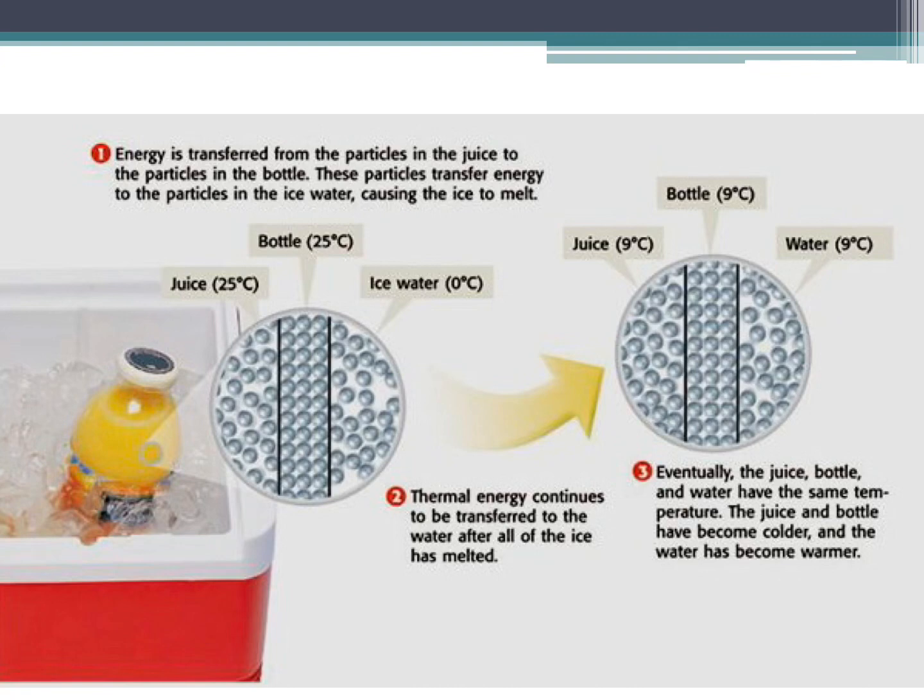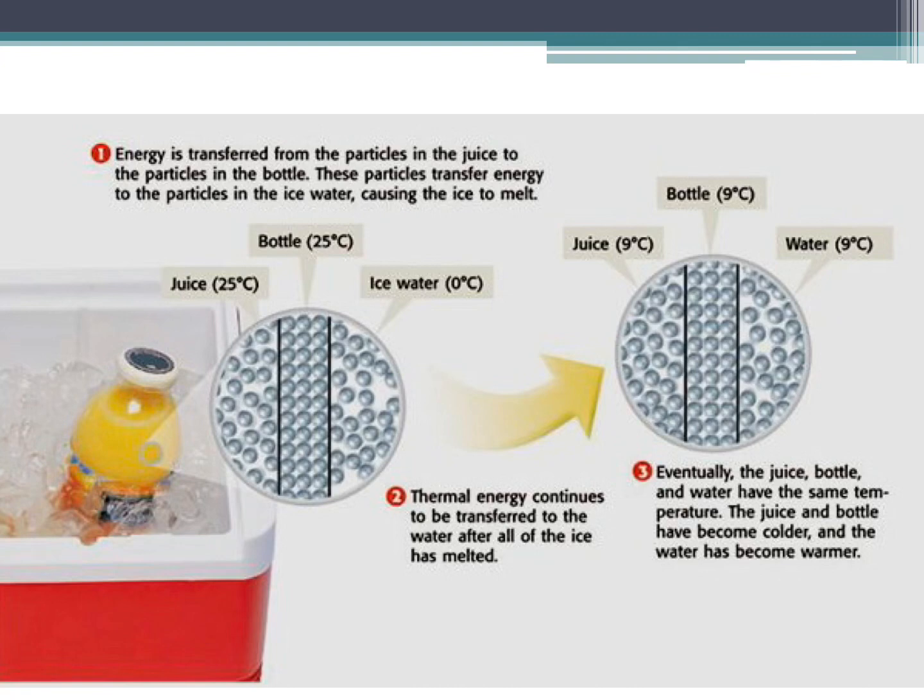If I ask you what is the temperature of the bottle of juice, probably it would be the same temperature as the room, 25 degrees Celsius. What about the ice water? It will be 0 degrees Celsius. So the energy will pass from the warmer object to the cooler object until both have the same temperature.